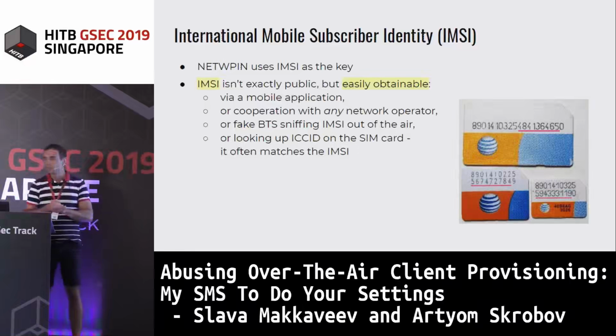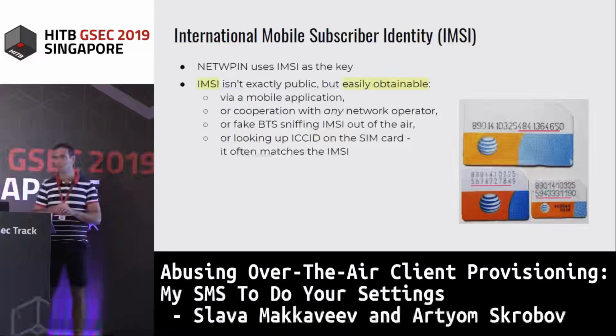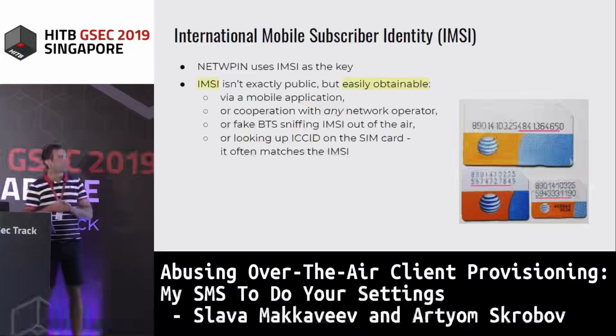But the problem here is that IMSI is not really confidential. It's like an IP address in the TCP/IP protocol, which is not publicly advertised, but it needs to be widely known for mobile routing to work. And there are a lot of ways to find the IMSI number of the target mobile phone.